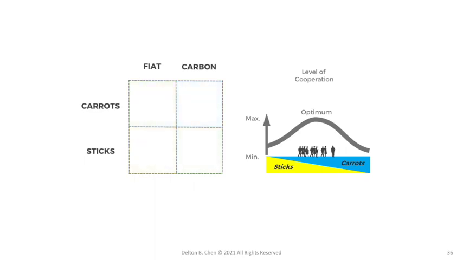Let's have a look at the carbon pricing matrix in terms of these levels of cooperation, starting with the carbon tax. Using the carbon tax alone is using a strong stick, but because it's biased towards sticks, the level of cooperation is minimal and not optimal.